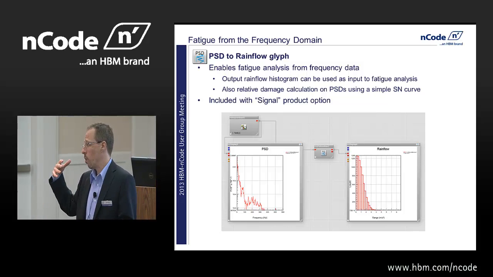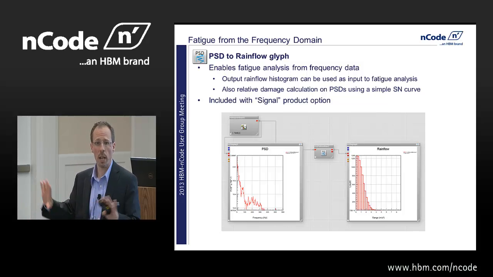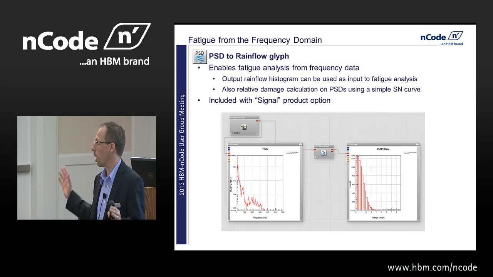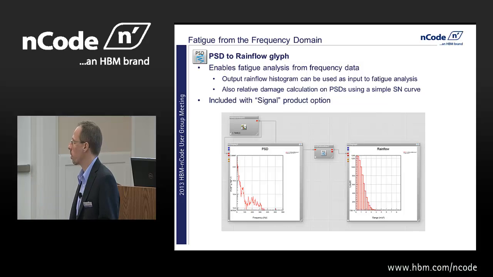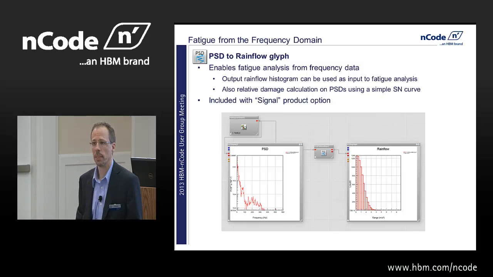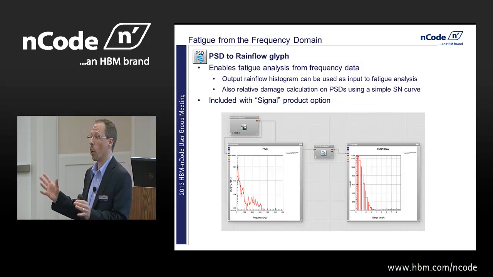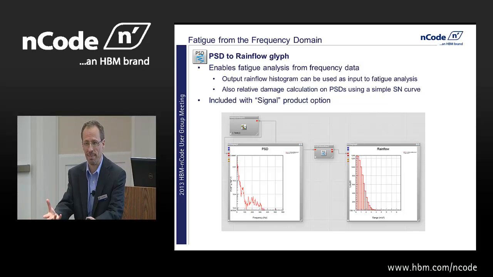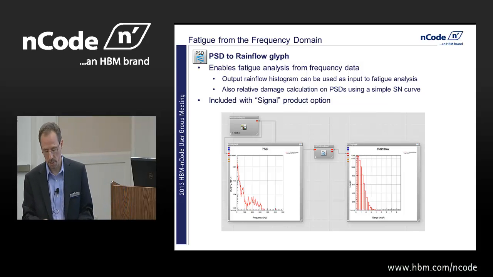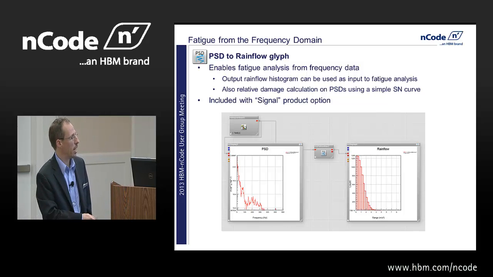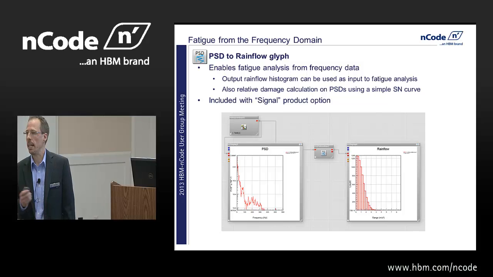If you've got time series data, that's fine. Just do a relative damage calculation, like a pseudo simple SN type calculation. If, however, all you've got available, because that's what you've got measured, is a PSD, then that's more difficult.